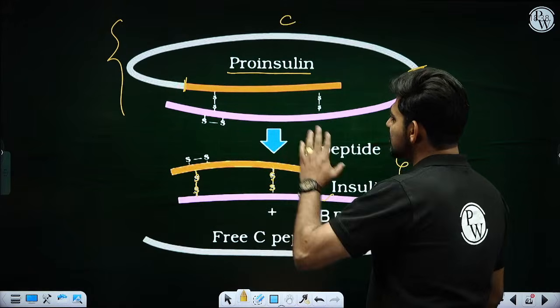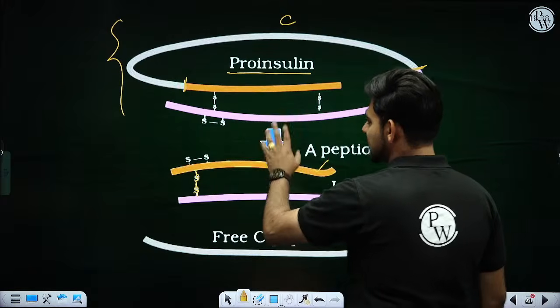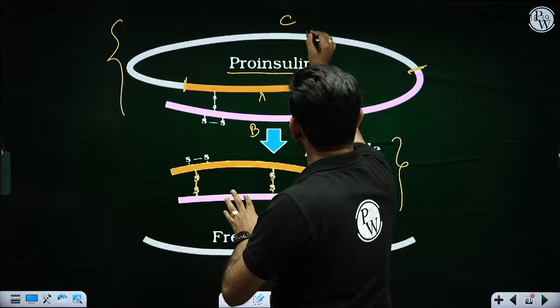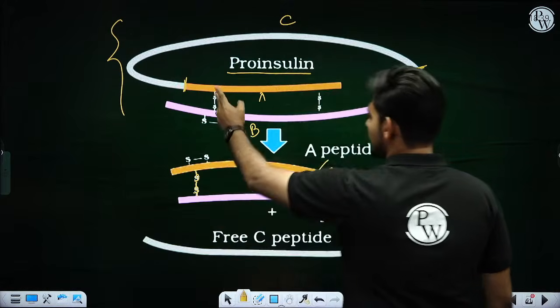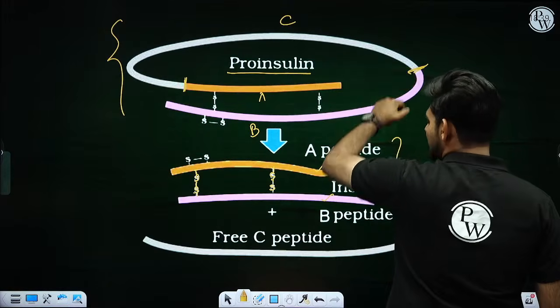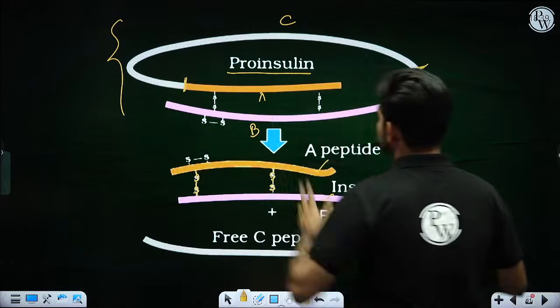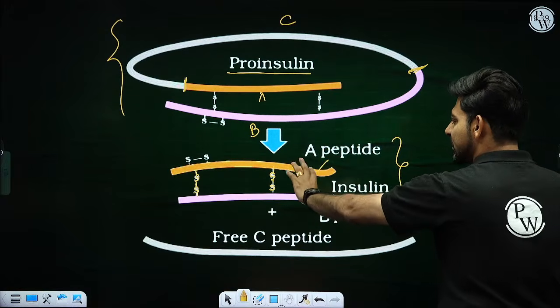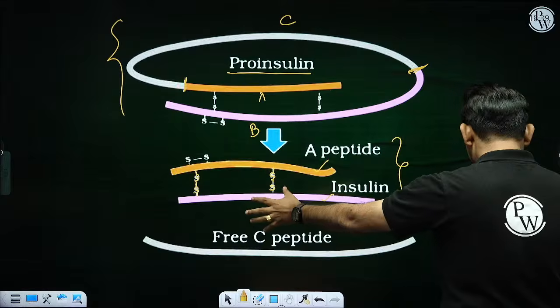Proinsulin has three polypeptide chains, chain A, chain B and chain C. Which is causing disturbance to us? Chain C. Our body will cleave chain C and separate it out, and that will create the active form of insulin.